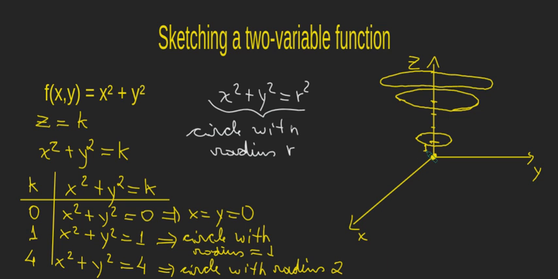And if you take a value between 1 and 4, you will have an intermediate circle here. When you collect all of these circles, you will get something like this.